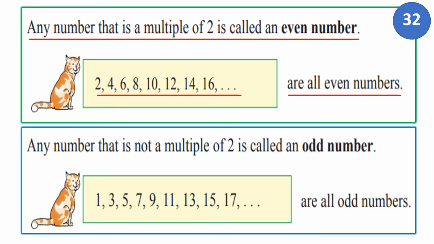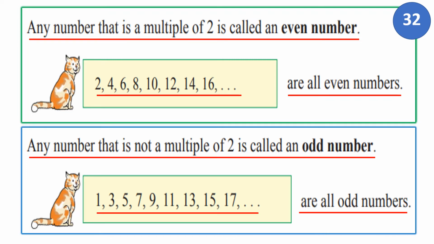And any number that is not a multiple of 2 is called an odd number, like 1, 3, 5, 7, 9, 11, 13, 15, 17, 19, and so on are all odd numbers.